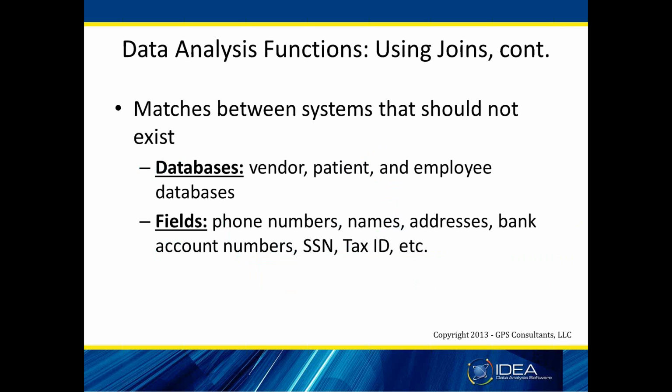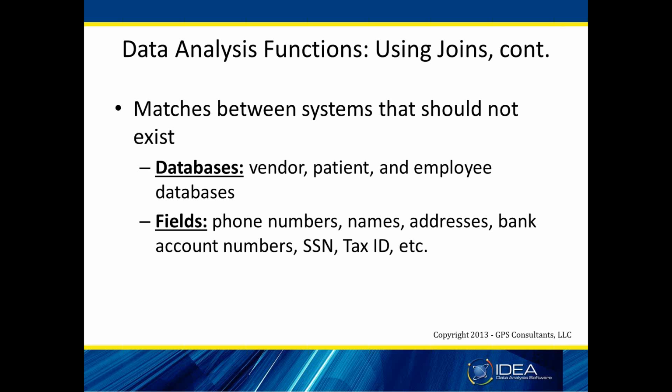Now there are other times when we use a join to find matches between systems that we wouldn't expect to exist, or if they do exist, we surely want to know about them. For example, we have a vendor database, a patient database, and an employee database, all different places that keep information about our patients, vendors, and employees.